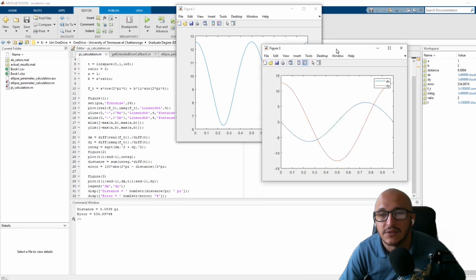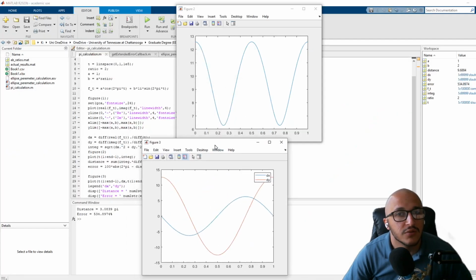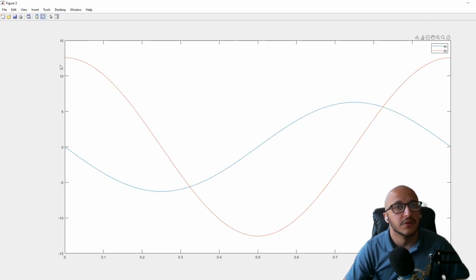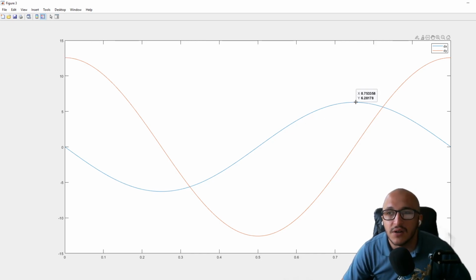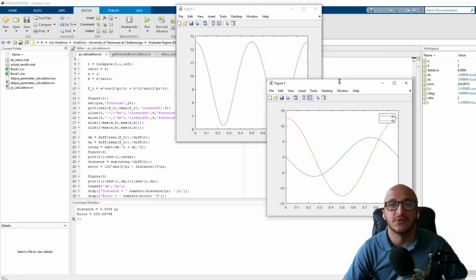It makes sense that our dx is a negative sinusoid and our dy is a positive cosine. Positive cosine with what? It should be 2 pi times 2? Yep. As close to that. The max value here is 6.2. Yeah, that's about 2 pi.